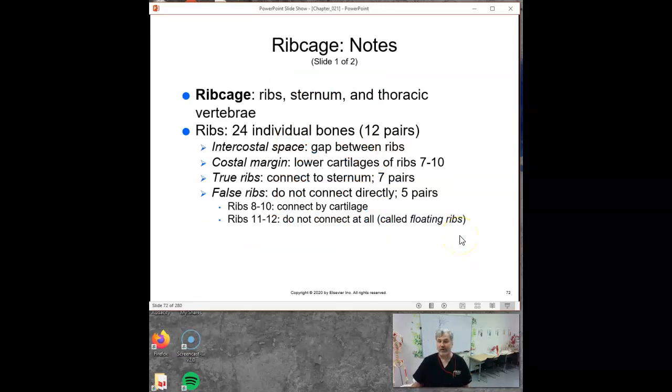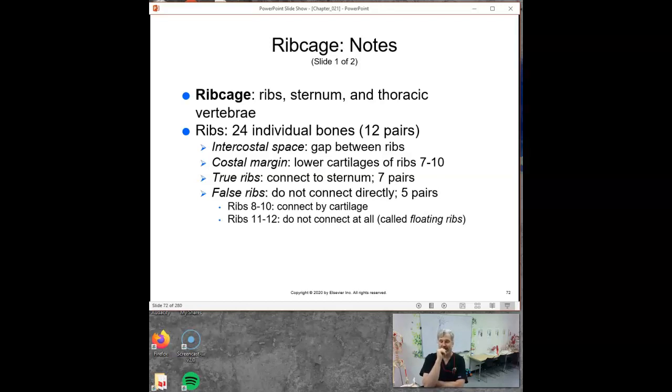And remember, every rib in back attaches to what kind of vertebrae? I don't know if I phrased the question right, but I don't know another way to put it. What type of vertebrae does every single rib attach to in back?